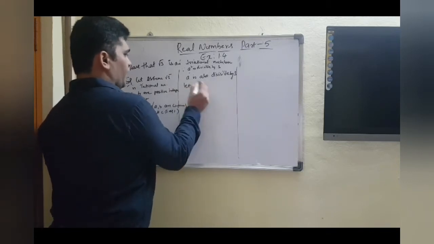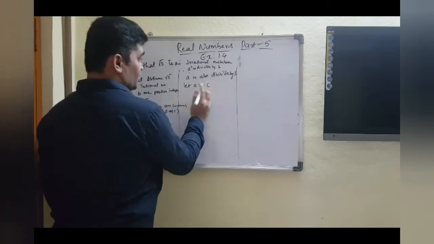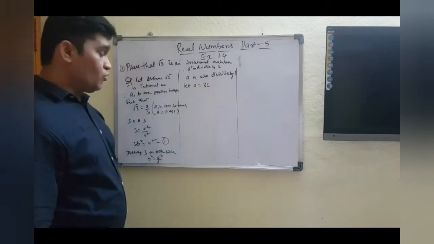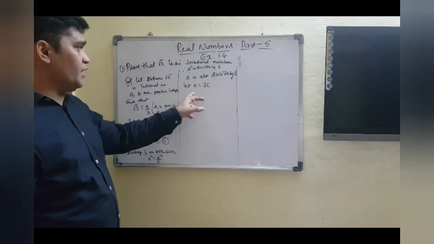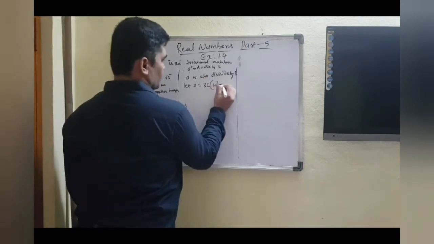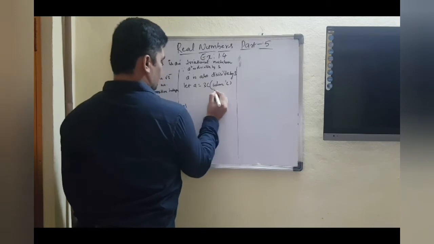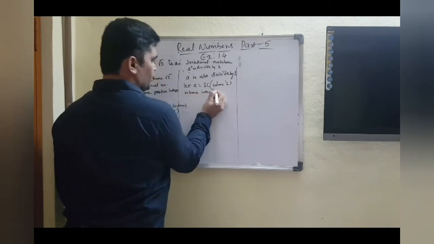Okay, if A is also divisible by 3, what we can say? Let us consider that A is equal to 3C. Why I am getting 3C here? Because I have considered 3 as the other term, right? 3 was there, now I am considering A equal to 3C, where C is some integer.